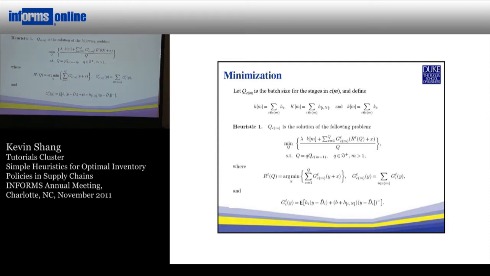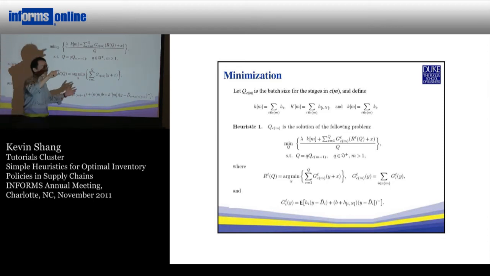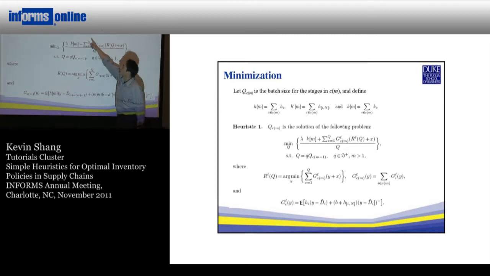That's one way. The second way is a slight modification, in the sense that we can actually solve a real single stage system. Here is the single stage system I suggest you use. So if you compare heuristic 1 and 2, the difference is this part.